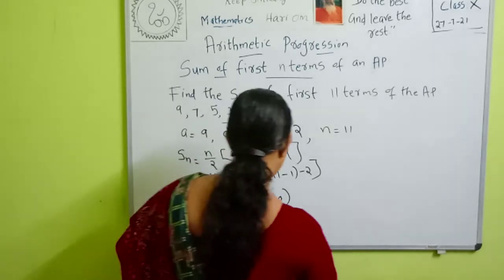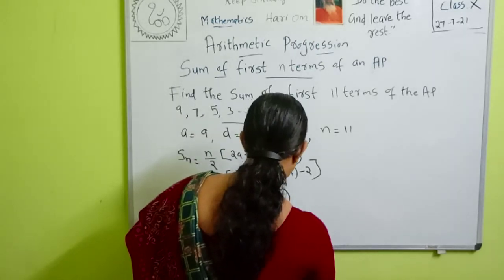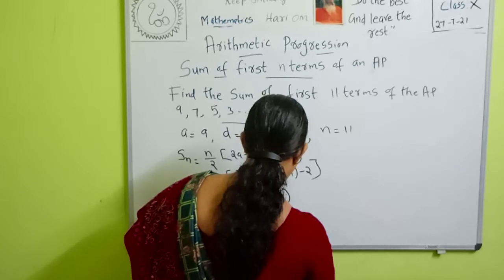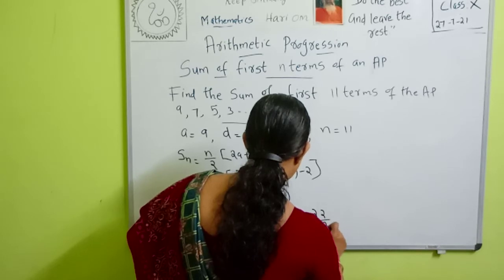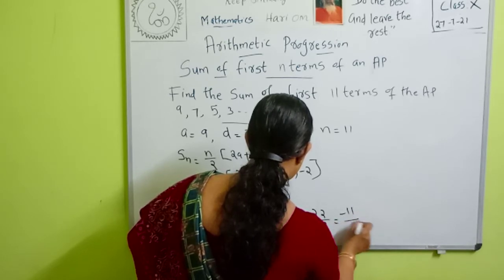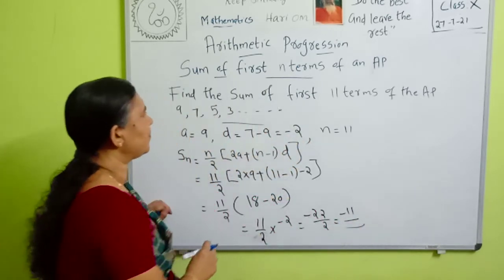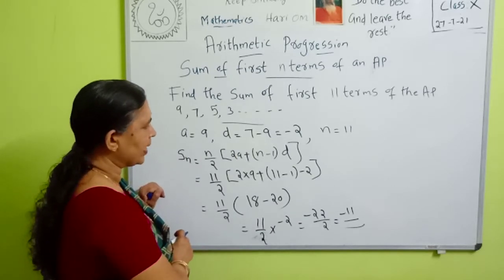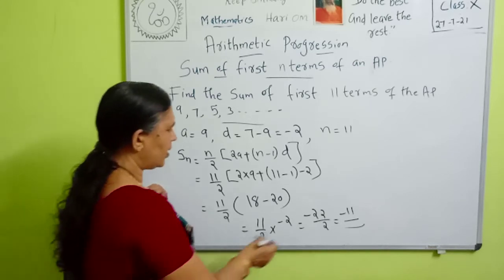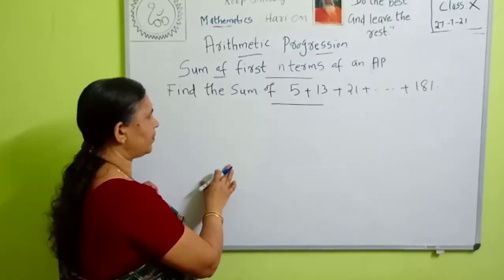It is equal to minus 11. So the sum of first 11 terms of the AP 9, 7, 5, 3, etc. is equal to minus 11.